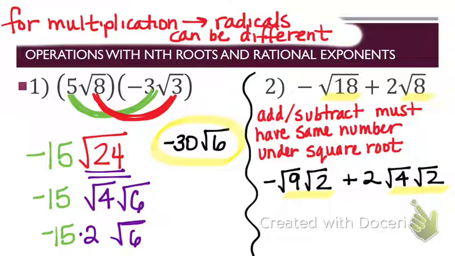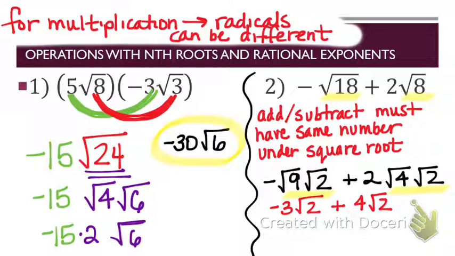Okay, so now this is going to change to a negative 3, because 9 is a perfect square and the square root of 9 is 3. This is going to become 2 times square root of 2, because the square root of 4 is 2. So what is 2 times 2? 4.